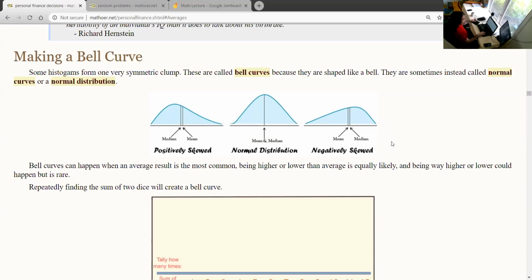If we're measuring heights, depending on where we're going in the world, people will have an average height. Some people will be taller. Some people will be shorter. There are a very few people who are giants or midgets, but most people are about the middle. And in some populations, there'll be more people that are slightly above average than below. In other populations, there'll be more people that are slightly below average than above. Okay so far?